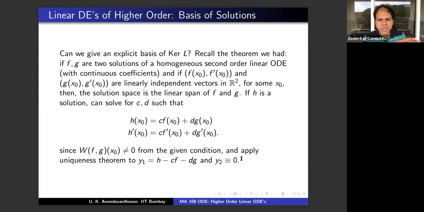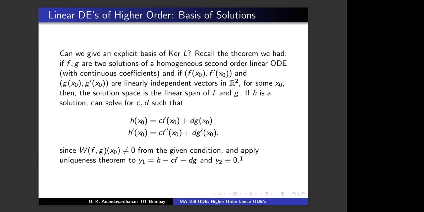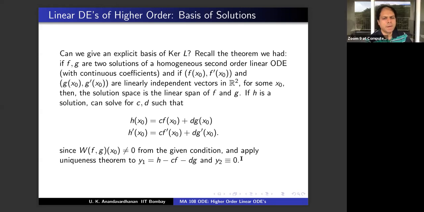The IVP is the given differential equation together with the initial conditions y of x0 is 0 and y prime at x0 is 0. The trivial solution automatically satisfies that, and h minus c f minus d g at x0 is 0, and its derivative is also 0 at x0. Therefore both satisfy it, and it follows from the existence uniqueness theorem.